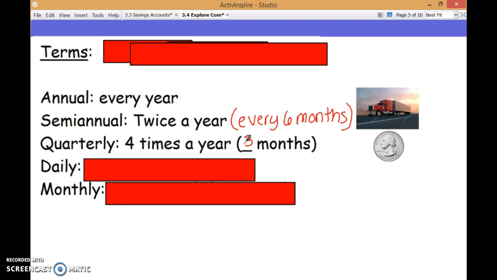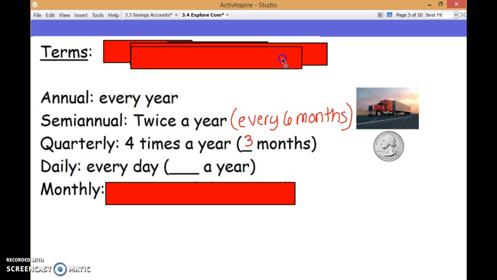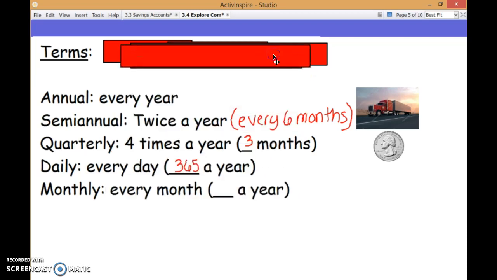Daily, we know that daily means every day, and there are 365 days in a year, or a non-leap year, and we're always going to assume that it's a non-leap year. Then finally, monthly, we know that would mean every month, and there are 12 months in a year.